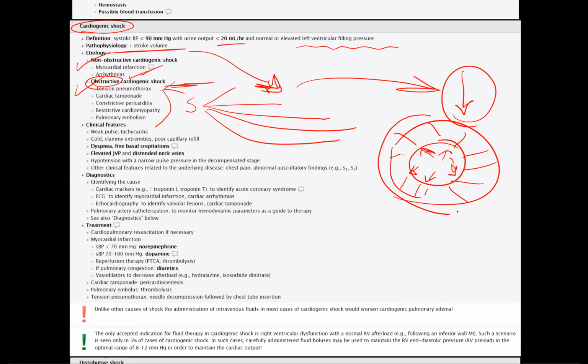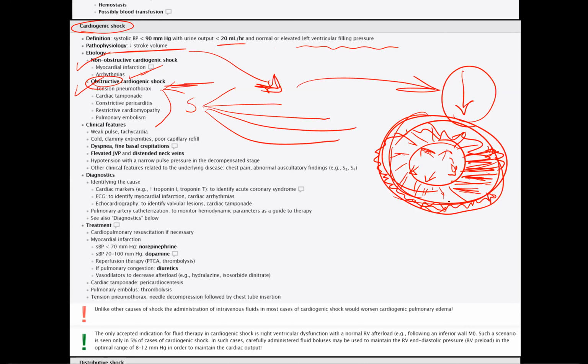So we have tension pneumothorax, where the lung collapsed over the heart. Cardiac tamponade, maybe massive fluid present in the pericardial sac, obstructing the heart from pumping blood. Like constrictive pericarditis, the pericardium itself makes a constriction on the pumping heart.